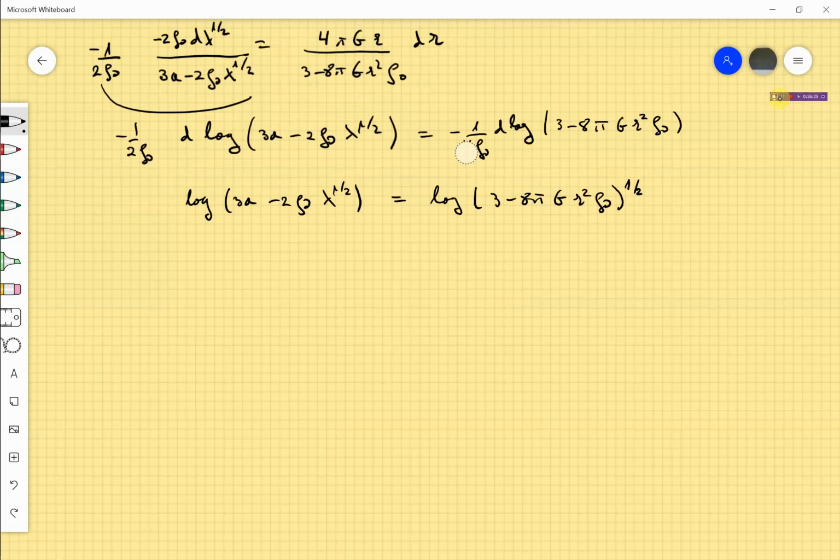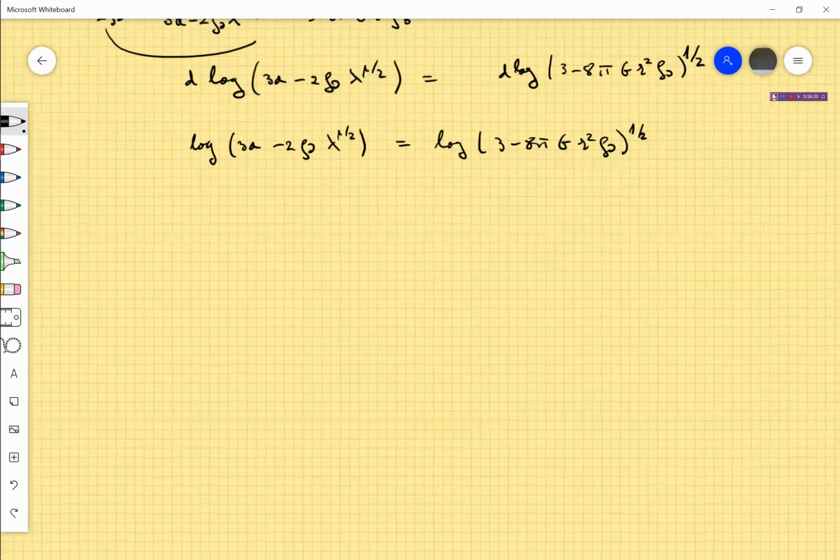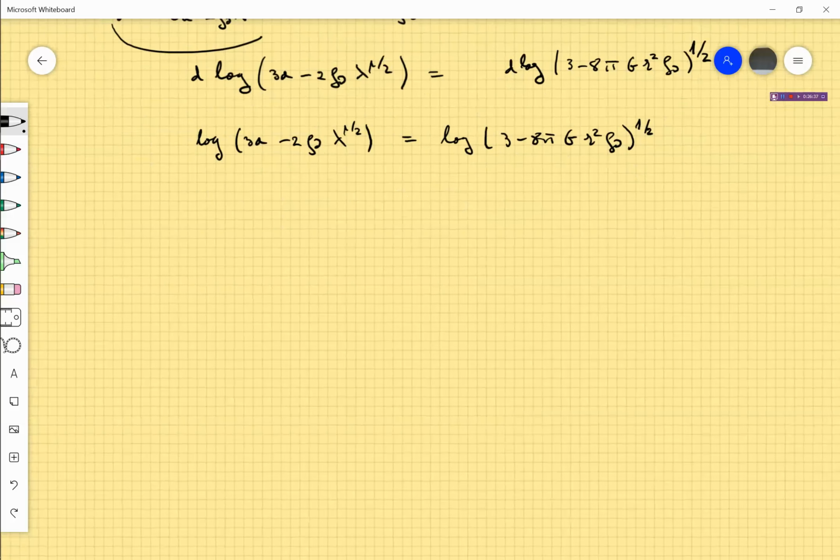This is because I could have written this and then eliminated these factors in both sides. Plus a constant, which I can write as the log of a constant, so I can put it here if I want. Now I exponentiate, so I eliminate the logarithms in both sides.